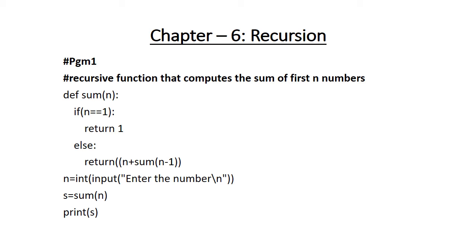That means the control of the program is shifted to the function called sum. In that function, if n is equivalent to 1, then return 1. Else, return n plus sum of n minus 1. That means the sum function is called again.